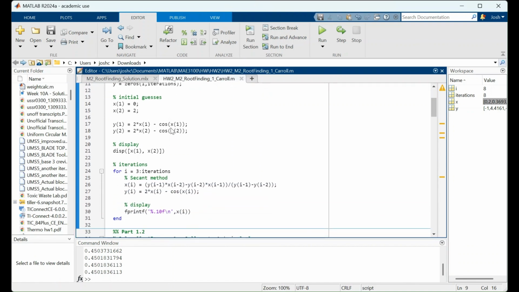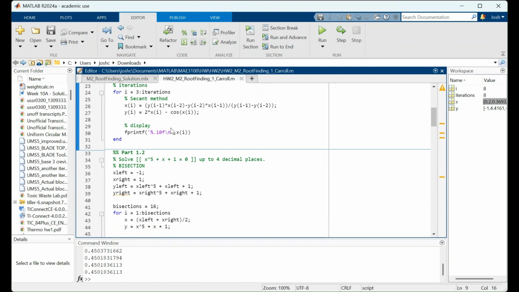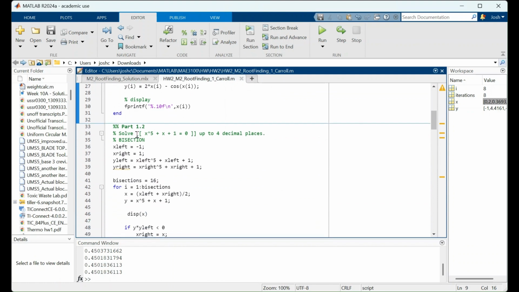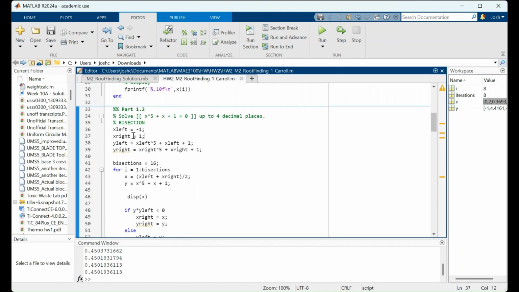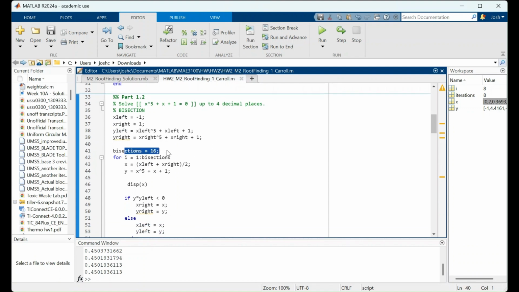Okay, part 1.2 asks us to solve this up to 4 decimal places. I chose bisection. You got our brackets. You got our function here for the left bracket, function here for the right bracket. Our bisections that we're going to do for our loop.